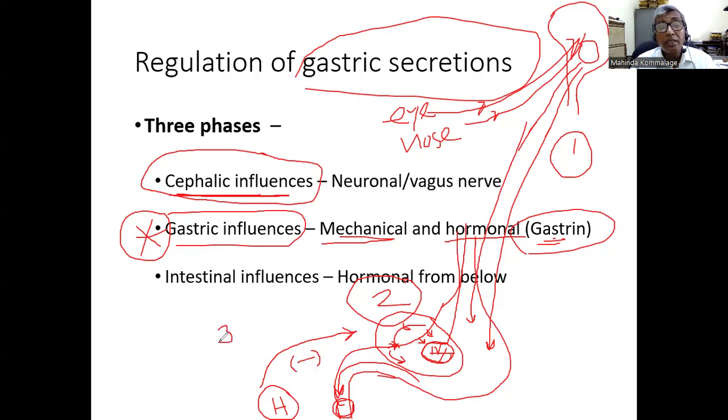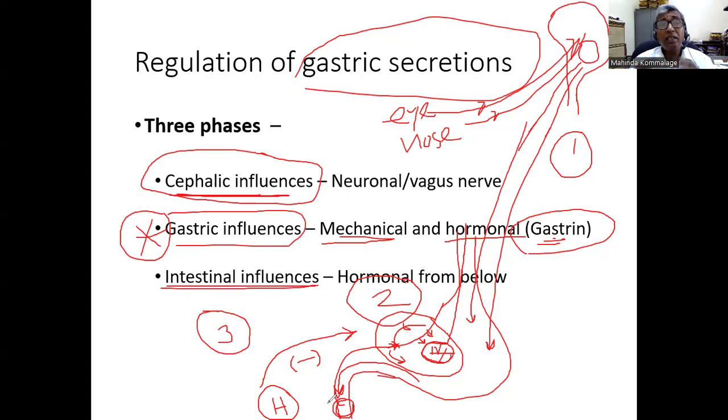That is the third influence, right? The intestinal influence, because it's coming down and mainly it's hormonal: gastric inhibitory peptide, GIP, somatostatin, and so on. Some hormones act on the stomach, the gastric mucosa, and inhibit the secretion. So it's mainly an inhibitor, right?